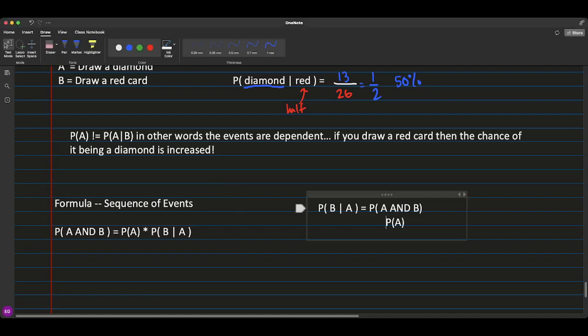There we go, my keyboard got stuck. So the probability of B given A is the probability of A and B divided by the probability of A. Notice the second one ends up on the bottom here.